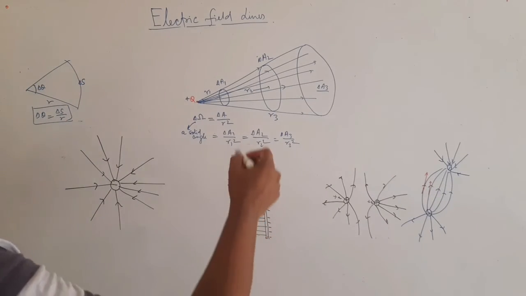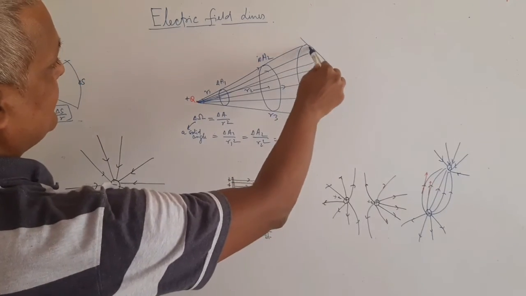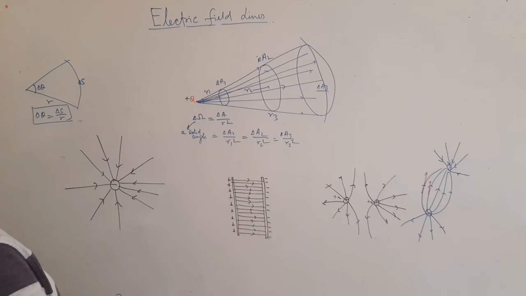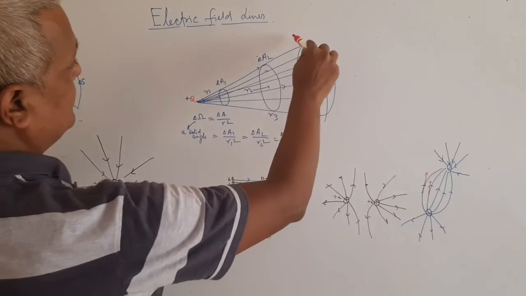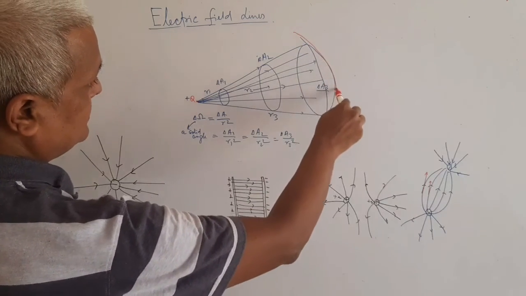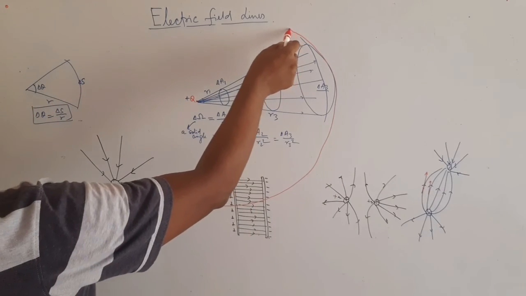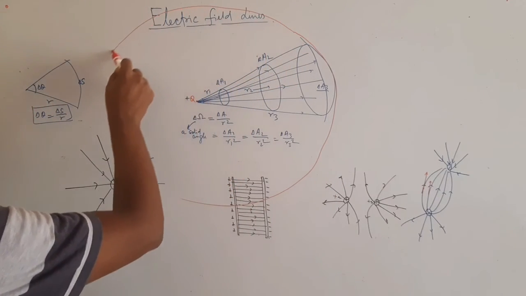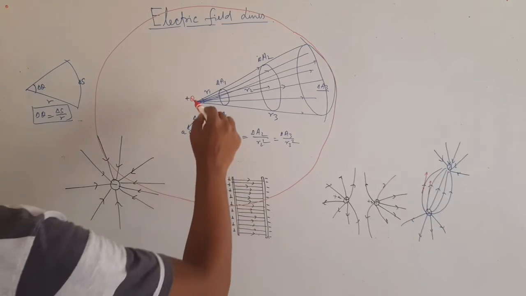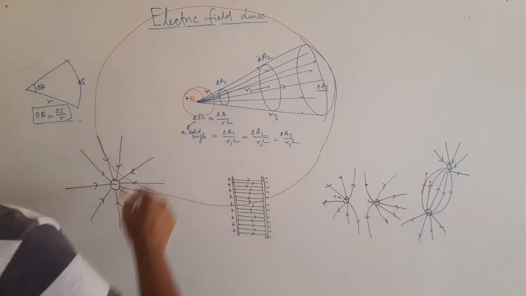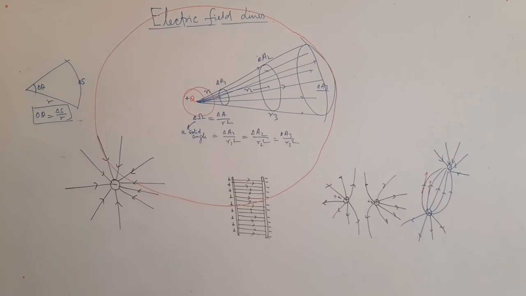Now assume that I try to complete this sphere. Just keep in your head that this is a sphere, so it will be something like that. Then the whole angle will become 4 pi.